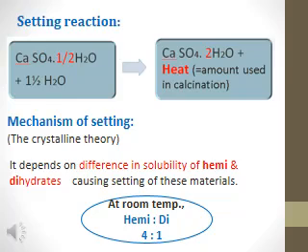The formed dihydrate molecules begin to dissolve again in water, but the dissolution rate of the calcium sulfate hemihydrate exceeds the dissolution rate of calcium sulfate dihydrate. So the setting occurs. The solubility of hemihydrate in water at room temperature is 4 times more than the solubility of dihydrate.